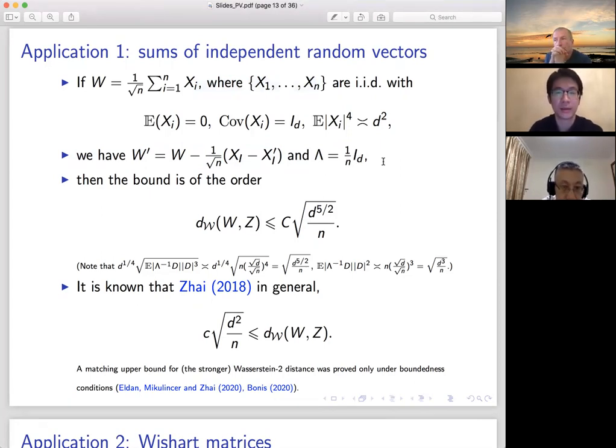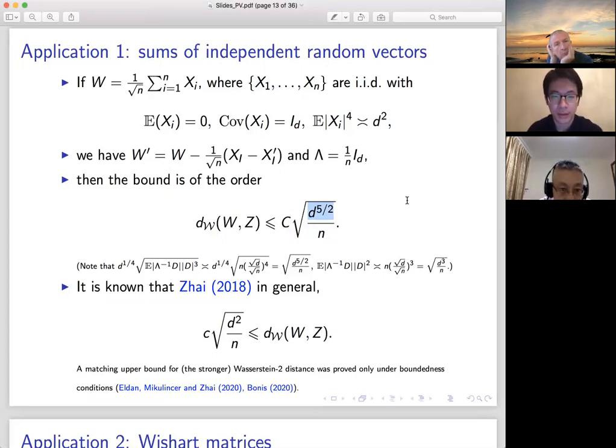In this example, our bound actually reduces to this order, which is square root of d to the power 5 over n. So in terms of the sample size n, it's still of order 1 over square root of n. So it's optimal, but there's a dependence on dimension appearing in the numerator.